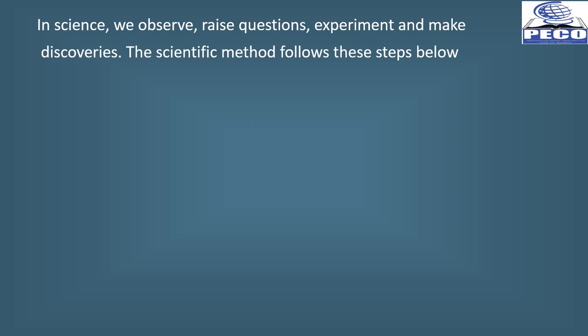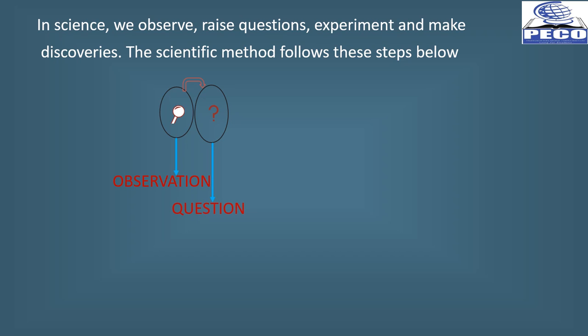So this scientific method follows these steps below. The first step is observation. If you are going to carry out an experiment or make a discovery, you have observed. And after you have observed, what comes next?